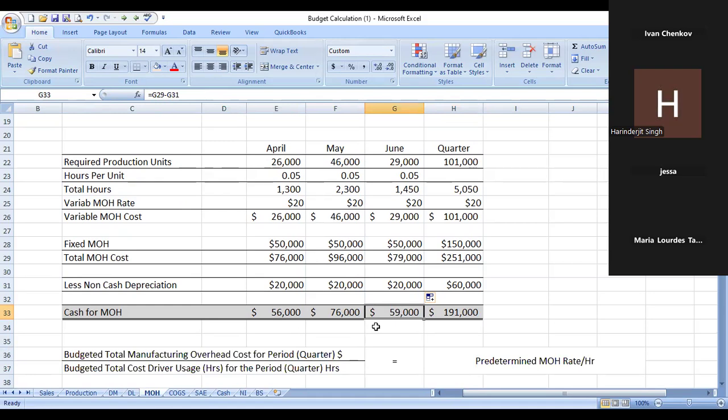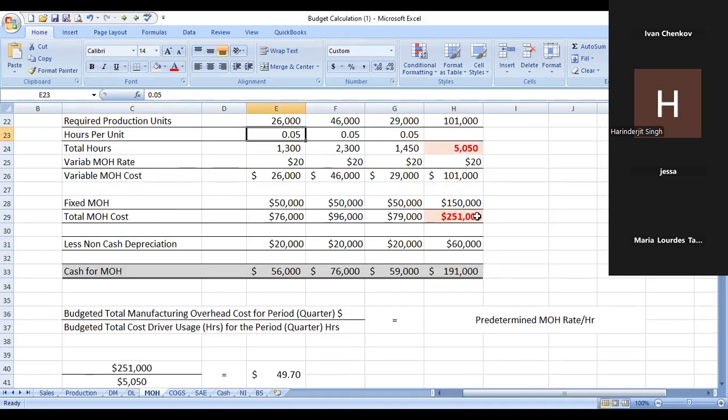Now, the next thing that we have to do is, since we have our total manufacturing overhead and our total hours to get this manufacturing overhead, we can calculate the predetermined manufacturing overhead per unit of measure, which will be per hour.